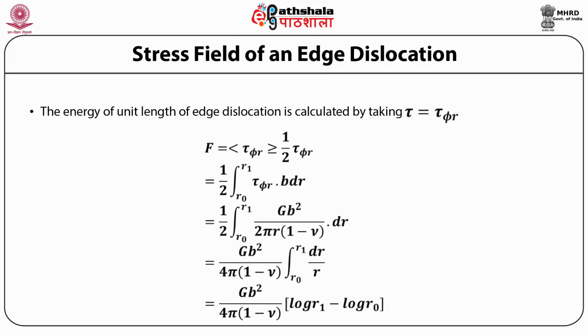Capital F is equal to the average of tau phi r, or equal to 1 over 2 tau phi r, which is equal to 1 over 2 integral between the limits r0 and r1 tau phi r dot b dr, equal to 1 over 2 integral within the limits r0 r1 Gb square upon twice pi r into 1 minus nu dr, which comes out to be equal to Gb square over 4 pi into 1 minus nu integral between the limits r0 and r1 dr by r, which comes out to be equal to Gb square upon 4 pi into 1 minus nu into log r1 minus log r0.